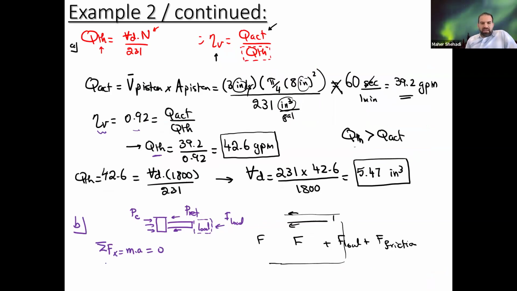So what are the forces? I have F on the cap side minus F retract minus F friction. I'm going to put it and then remove it. I mean, just set it equal to zero, minus F load, because the retract is pushing this way. Load is also resisting the pump, and the friction. Those would be equal to zero.